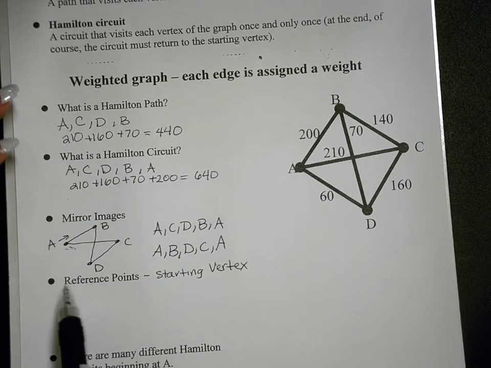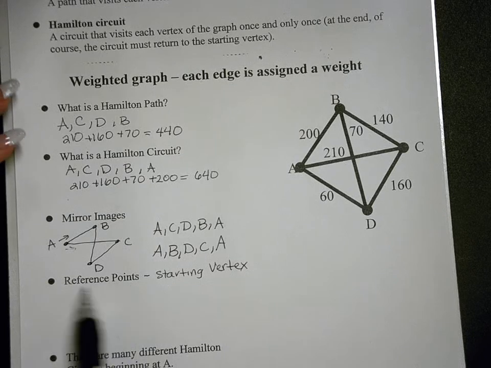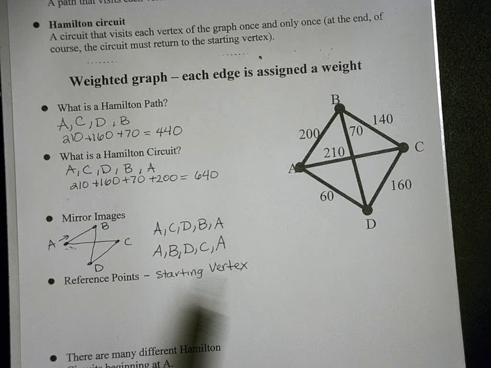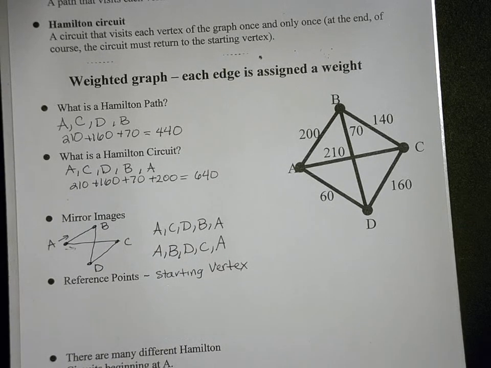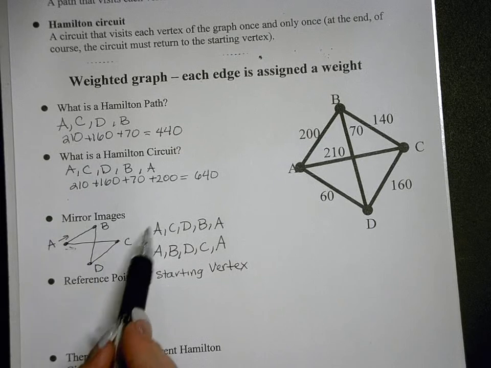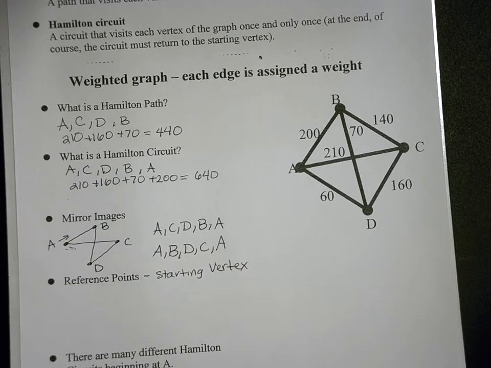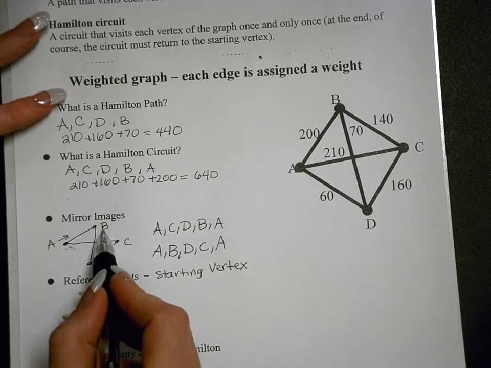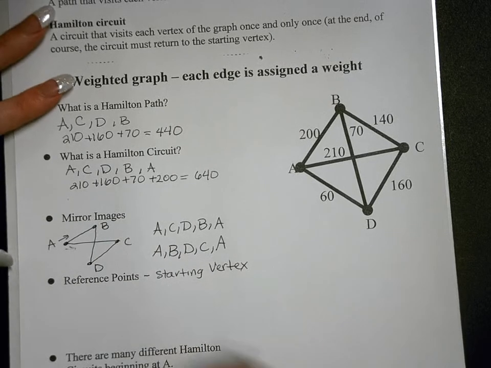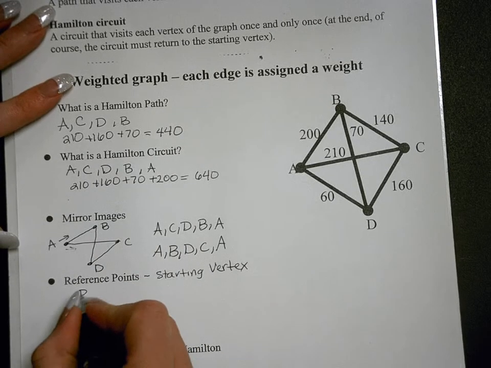We can also write it a variety of ways if we change the actual reference point, our starting vertex. So we're going to use this same circuit, but we're just going to change the starting vertex. Our first one started at A. Let's write this same circuit a different way, but let's change the reference point to B.